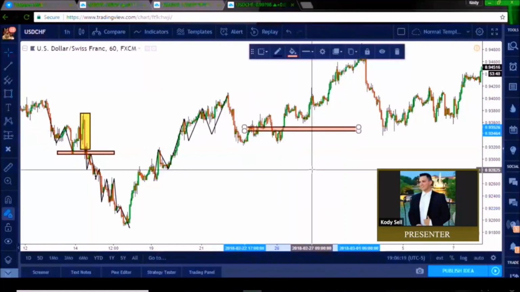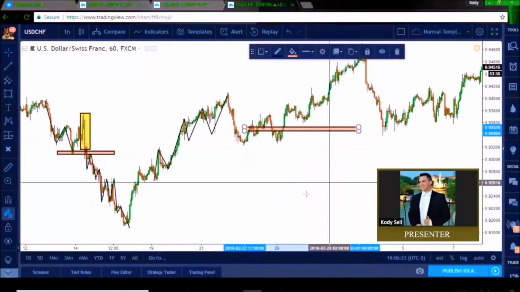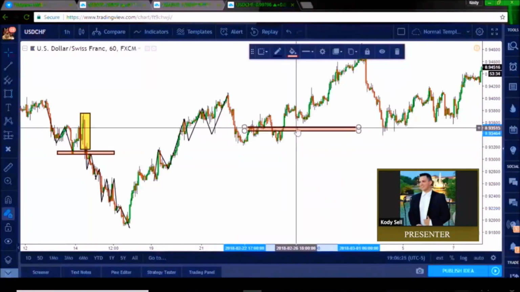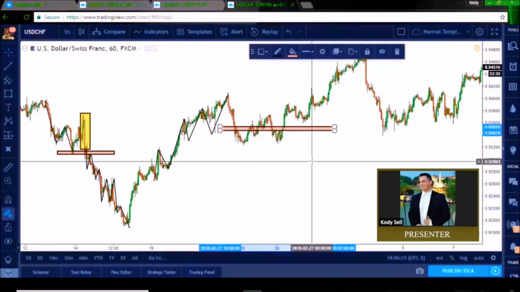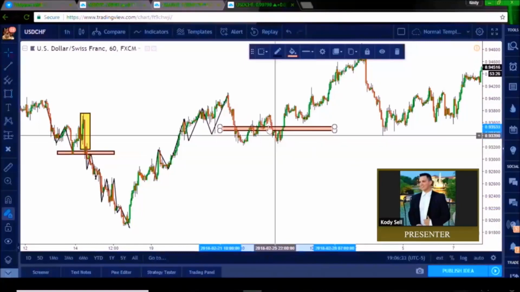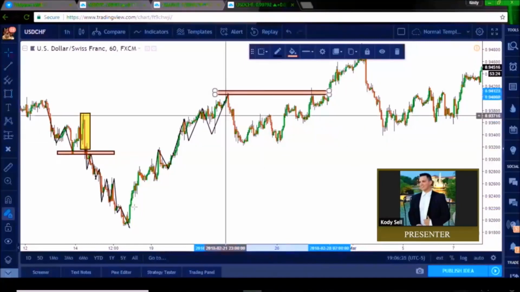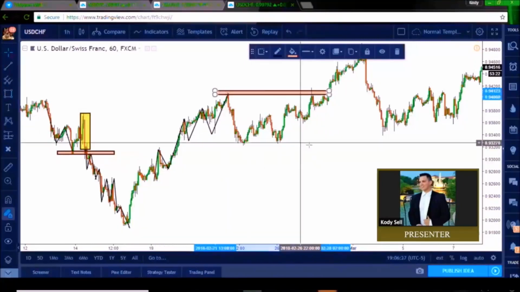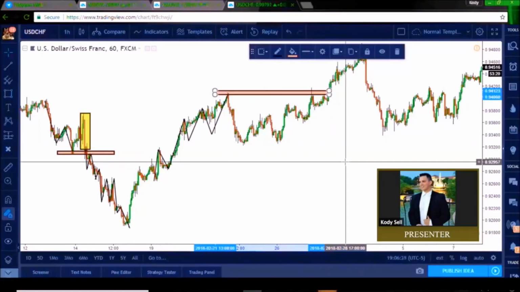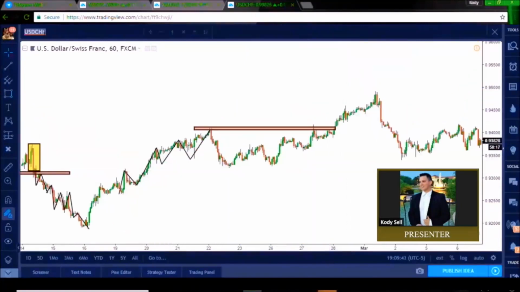You can follow structure as closely as you would like, but I'm going to give you a fair warning that following structure very closely presents its own issues. What happens when you follow structure too closely to try and avoid trading this entire area incorrectly is you're going to be faked out a lot more, and really in the end it just offsets itself. So I'm going to pull up another pair here.